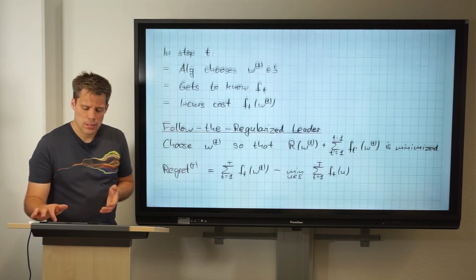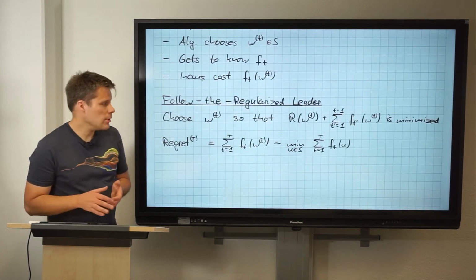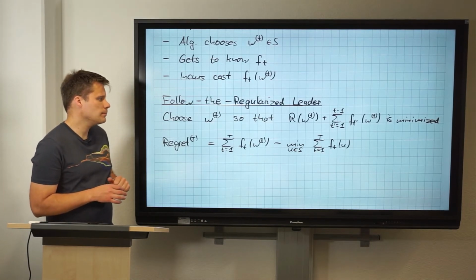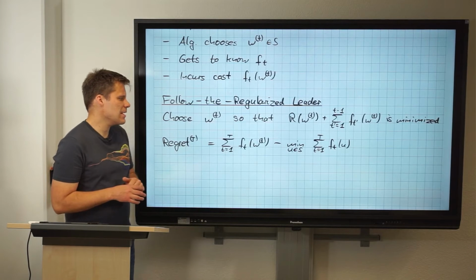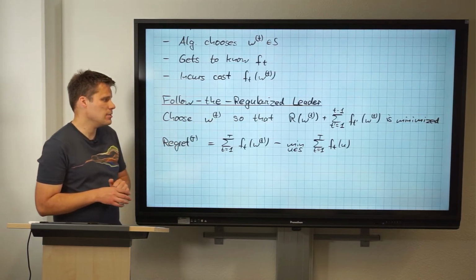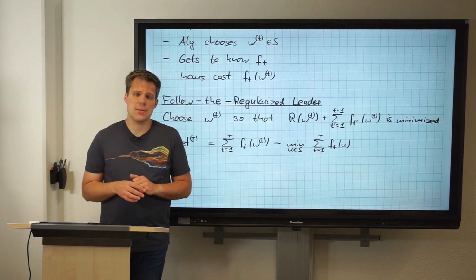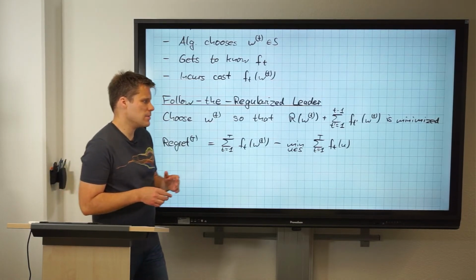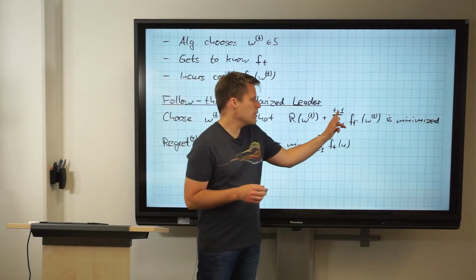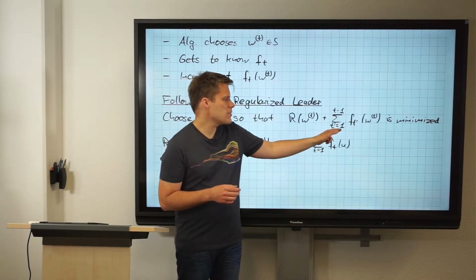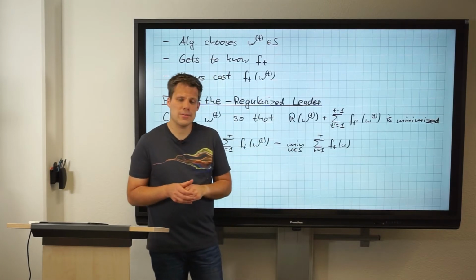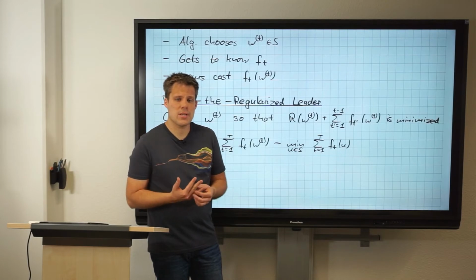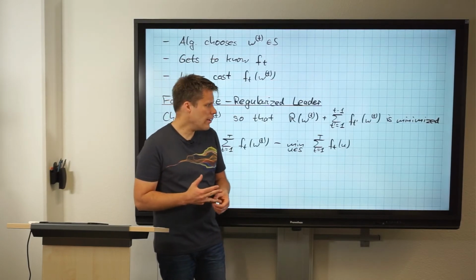And what we've seen as a general algorithm was the following. This was the follow the regularized leader algorithm, where in step t we choose this point wt so as to minimize what? We want to choose the point which has been the best so far. So we're in step t, we know these functions f1 through ft minus 1, and we want to figure out which of the points would have been the best so far.